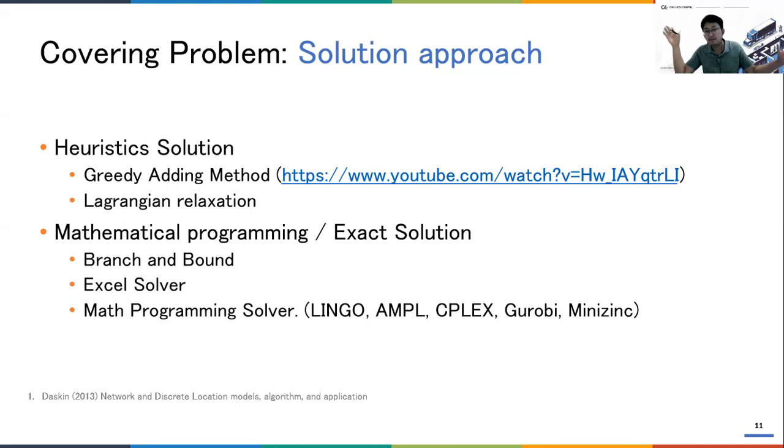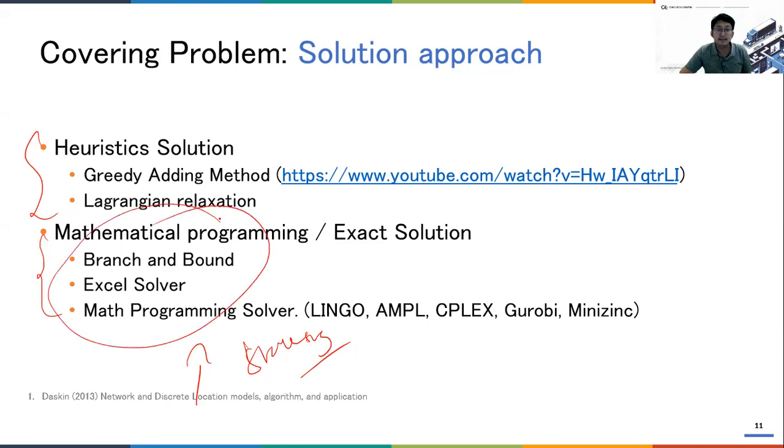Because the number of nodes is too many, mathematical programming sometimes is not able to solve it very fast, in a short amount of time. But again, since this problem is normally used to make a strategic decision, people tend to want an optimal solution instead of a suboptimal one from a heuristic.